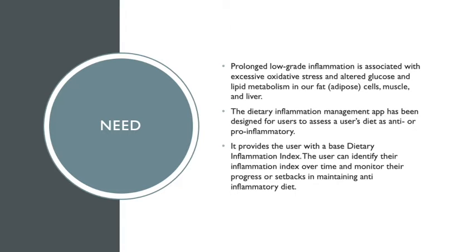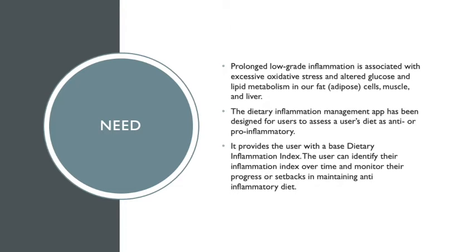The dietary inflammation management app allows the user to take surveys of the kind of foods they eat, and they can repeatedly take these surveys and grade the inflammation index of their diets.